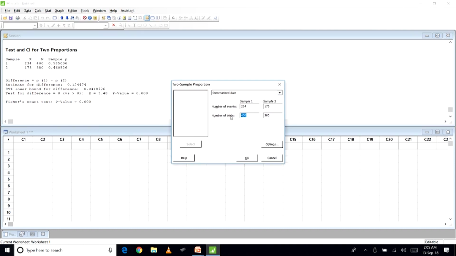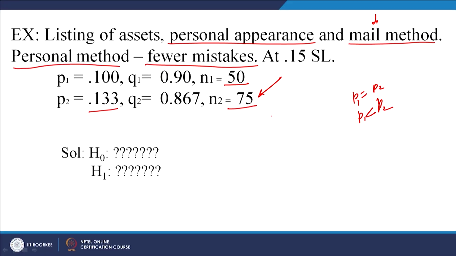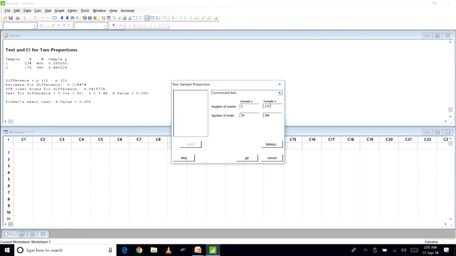This is 50 and the number of events is 5, because that value is just 0.100. 75 is the second case, so this is 75 and you will have the number of events as 10.